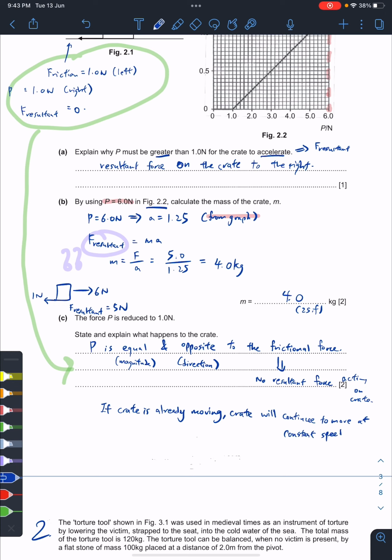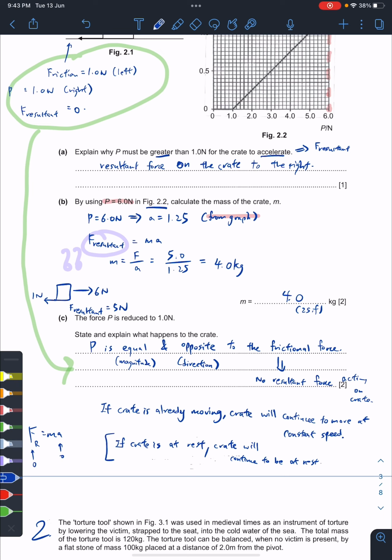Why? F resultant equal ma. If force is 0, a is 0, it doesn't accelerate. So same speed. But if your crate is at rest, it's not moving, that means the crate will continue to be at rest.